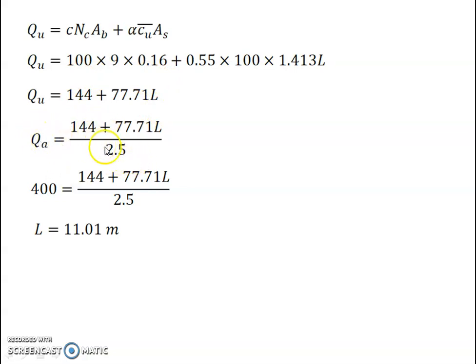Safe load is given and factor of safety is given. If I substitute the values here and solve this equation, then I will get the length as 11.01 meter.